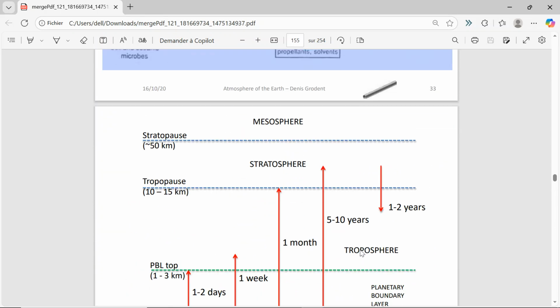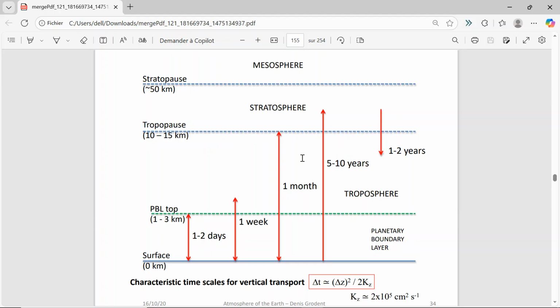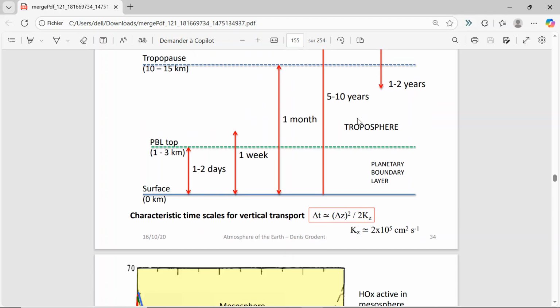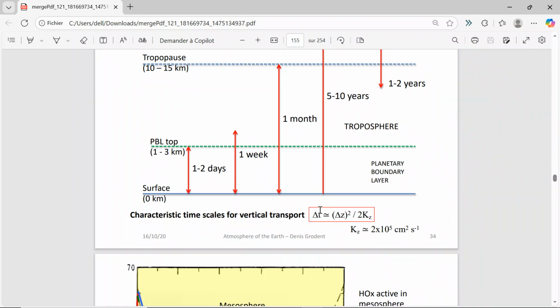It will take time for the species to access the upper level of the atmosphere. 5 to 10 years to access the stratosphere. The time scale of vertical transport is proportional to Δz squared divided by 2Kz. Why is it proportional to z squared?